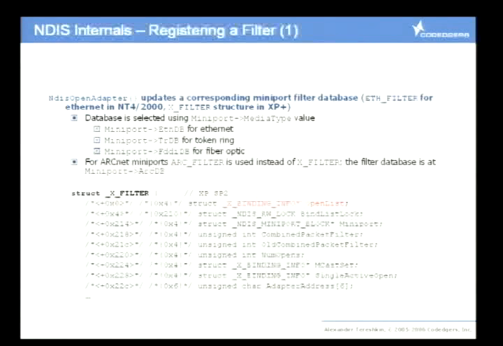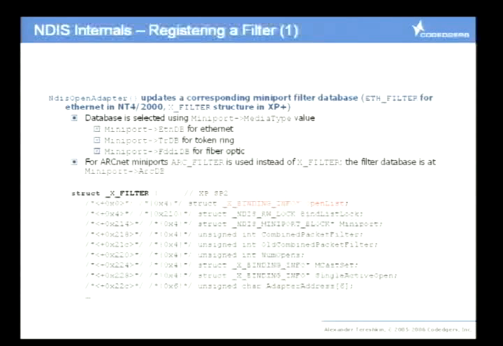The filter database is located in the XFilter structure, which is addressed by 4 fields in the miniport structures. The miniport structure is called NDIS_MINIPORT_BLOCK. The XFilter structure has one interesting field called the open list.